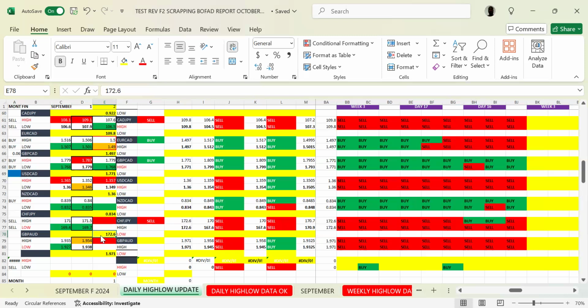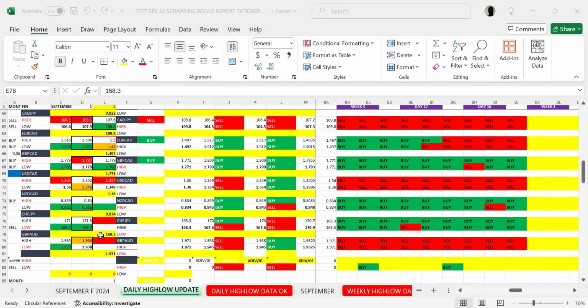At 168.3, which is the third move, you can see that it is a buy currently.